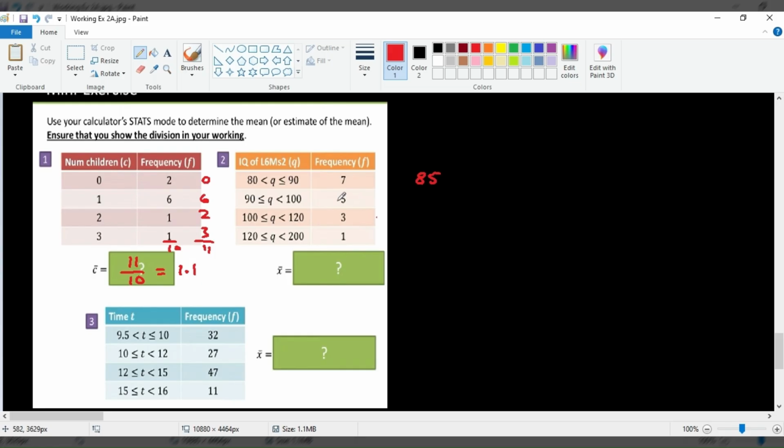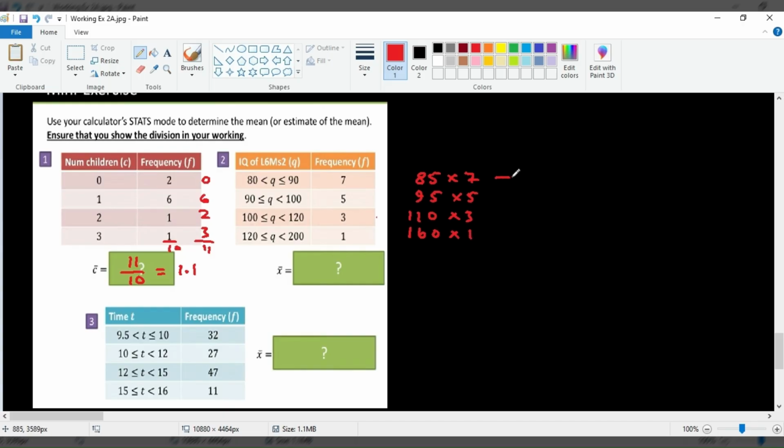For the next, 90 to 100, 95 is going to be the midpoint. From 100 to 120, it's going to be 110. And for the next one, 160 is going to be the midpoint. Now this 85 has to be multiplied by 7, 95 multiplied by 5, and 110 multiplied by 3, and 160 multiplied by, of course, 1.